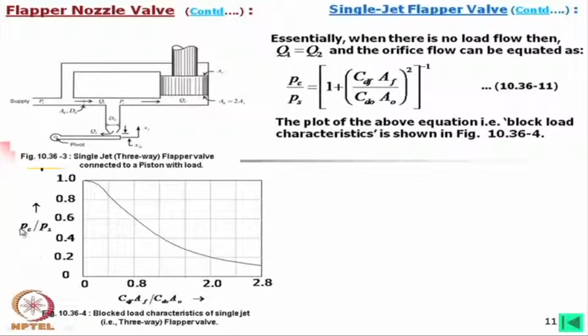That means the control pressure is 10 times less than the system pressure.